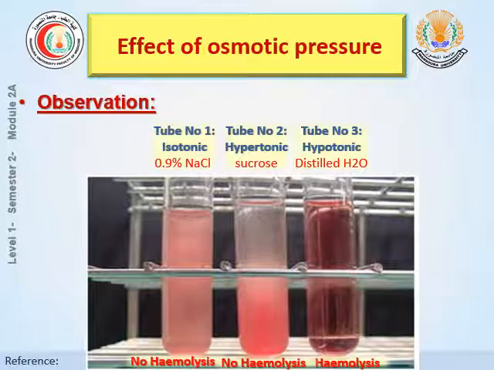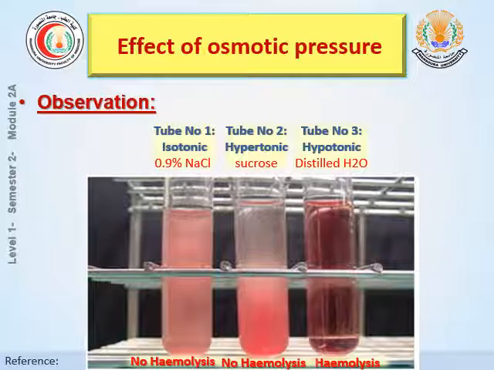Observation. Tube number 1 is isotonic, which contains 0.9% NaCl. Tube number 2 is hypertonic. Tube number 3 is hypotonic, which contains distilled water. Tube number 2, no hemolysis.